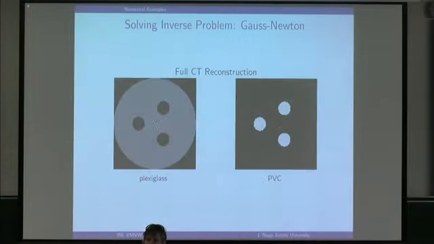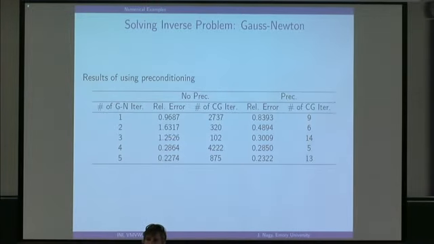The preconditioning, of course, is on the inner solve, right? I'm not sure I understand the question. When I saw the paper, the relative error is more for preconditioning until iteration 4.